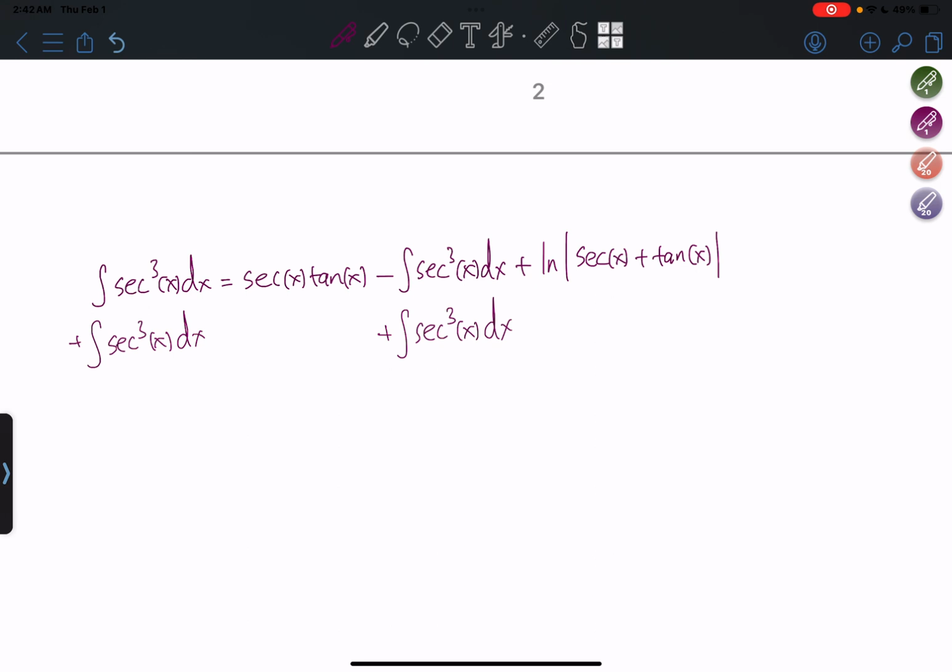We can definitely add functions to both sides of the equation. At this point, you can think of this integral as an implicit function. Whatever this function is, we don't know exactly what it looks like, but it has to be an antiderivative of something. I can go ahead and add that. What that will do is give me 2 times the integral of secant cubed x dx equals secant x tangent x plus ln of secant x plus tangent x.